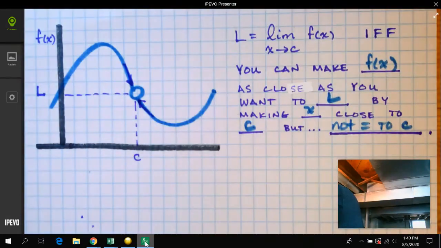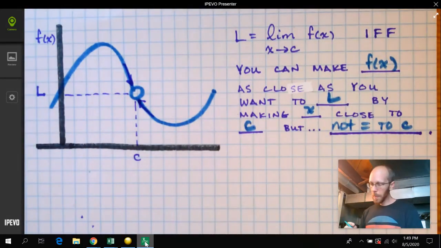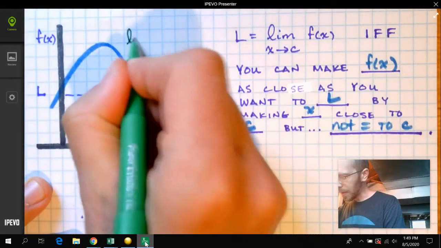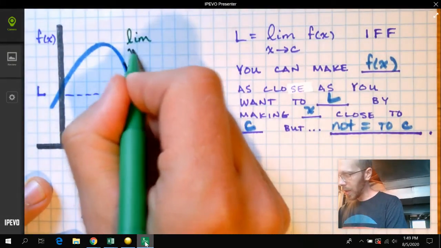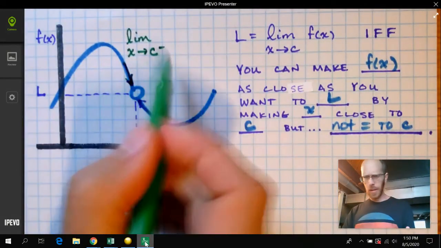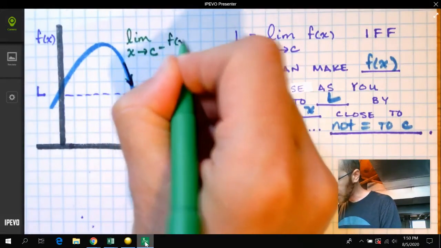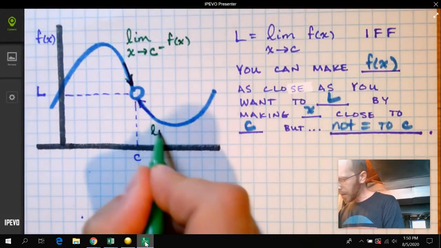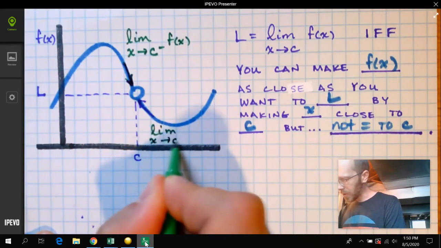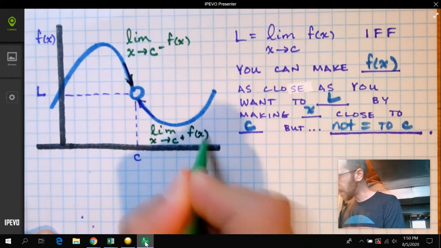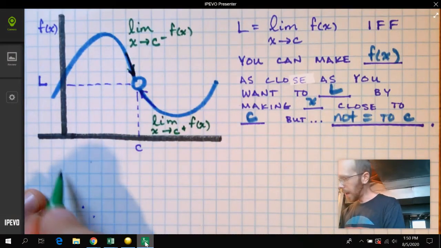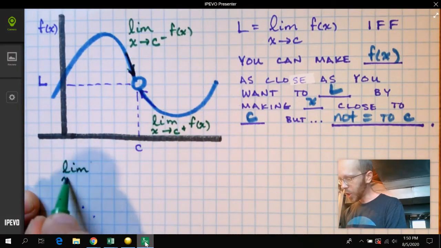I want to mention one more definition to you so that you've got it as a reference, and that's this. We refer to what's happening on this side right here as the limit as x is approaching c from the left side of f of x. And then over here, as we move in this direction, we would say this is the limit as x approaches c from the right of f of x. And if you put those together, there's a rule, and that rule goes something like this.